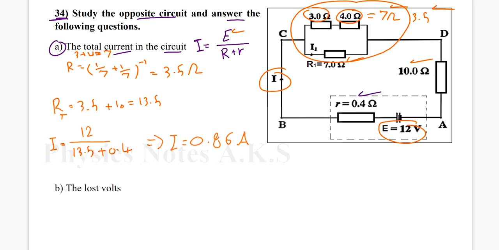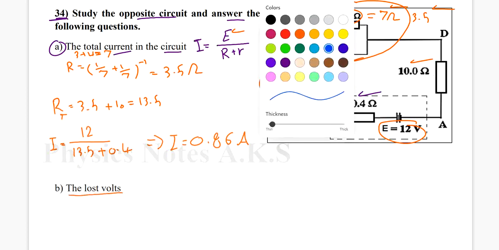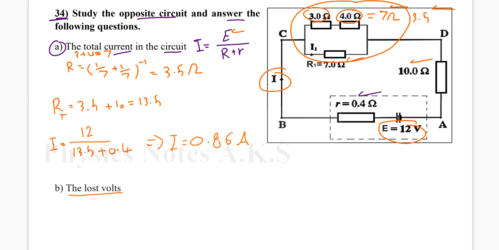Now they want me to find the lost volts. We know that the lost volts is the potential difference in the internal resistance. So it is the voltage in here. We call it V small r, to refer that it is inside the internal resistance. This is the lost volts.